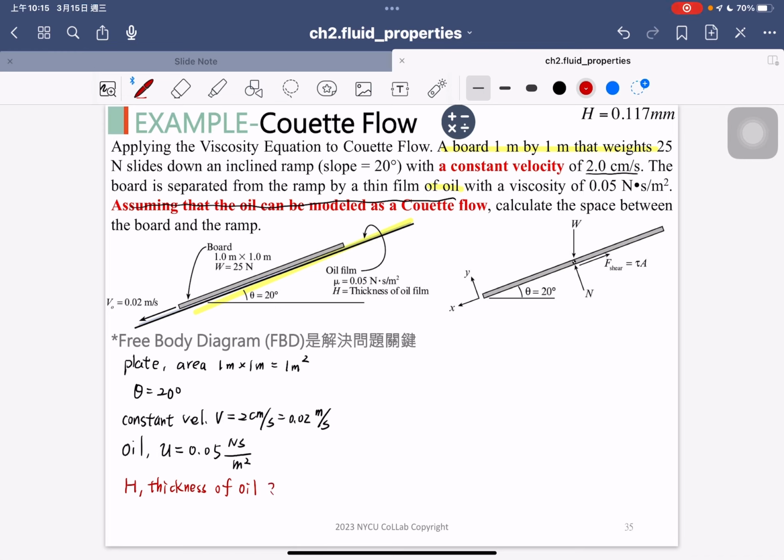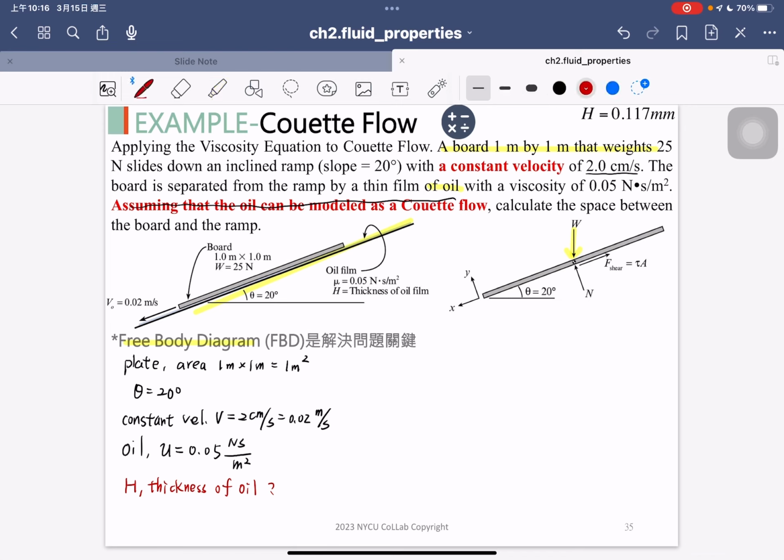Okay, so we go back to see our question. And as you see, I highlight the sentence here. The force diagram is very important for these problems. So we see how many forces we have. First, we have the weight. This is the weight caused by the plate, right?